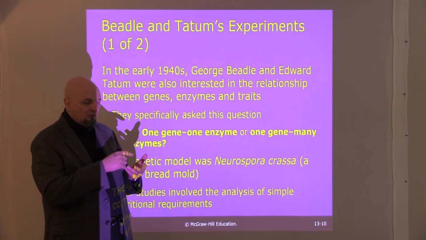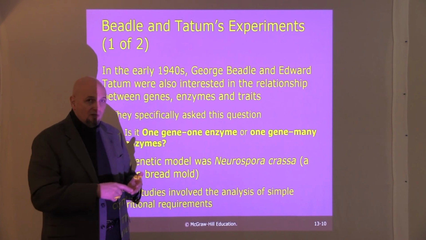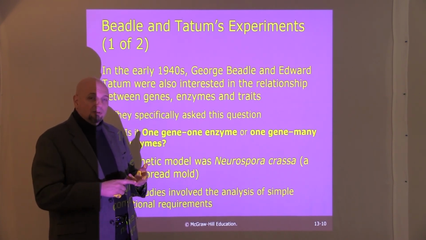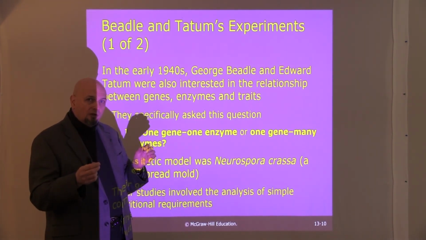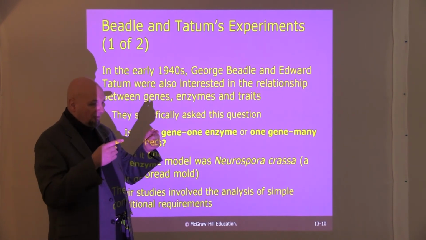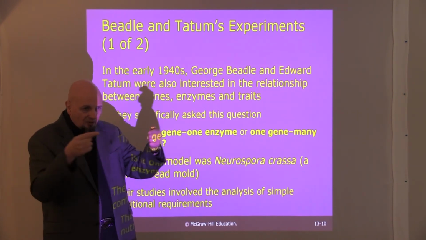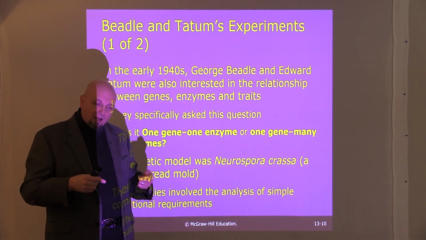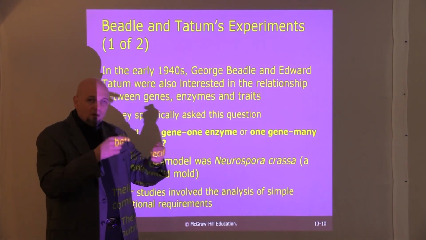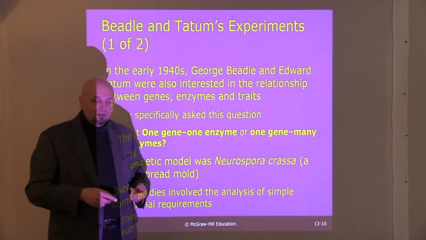So you have the biochemist doing that, you have the geneticist doing that, you have the embryologist trying to figure out how organisms are created, and then you have the geneticist and the biochemist and the embryologist arguing out what is important to the production of an individual.